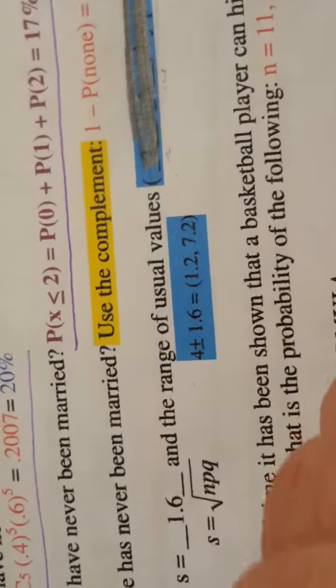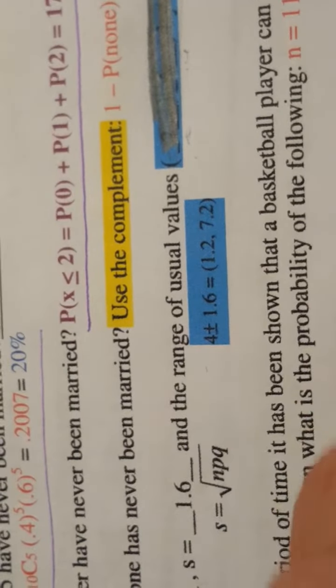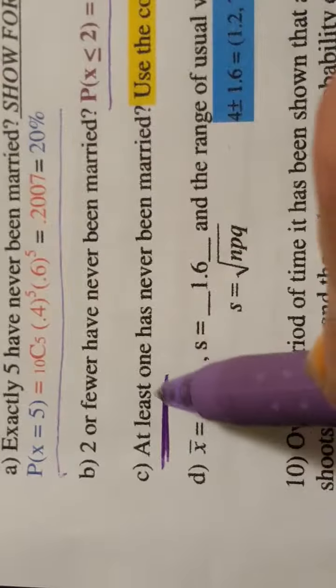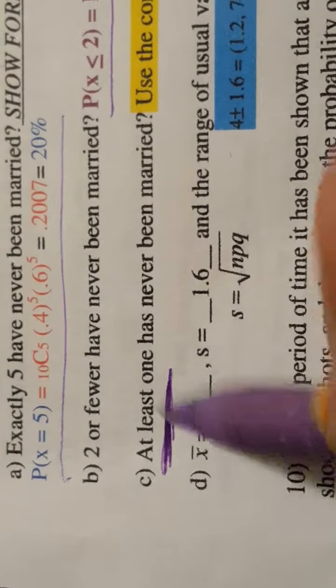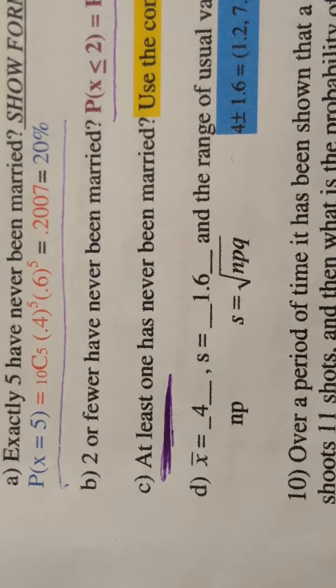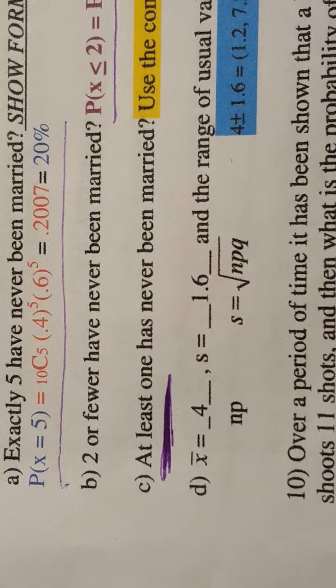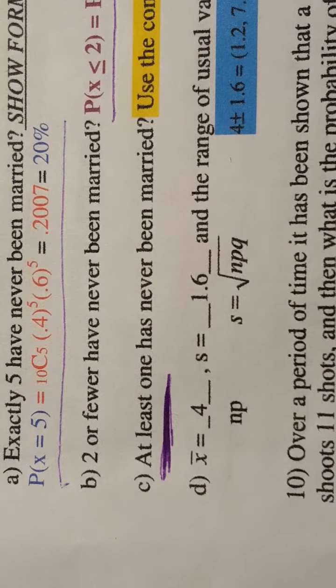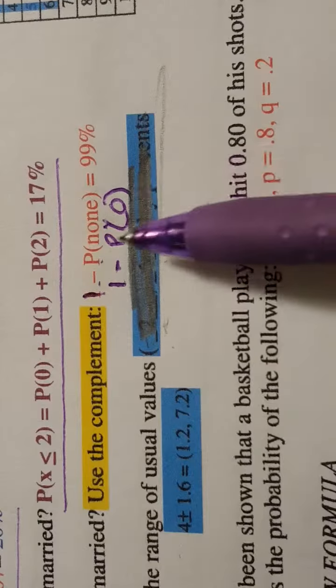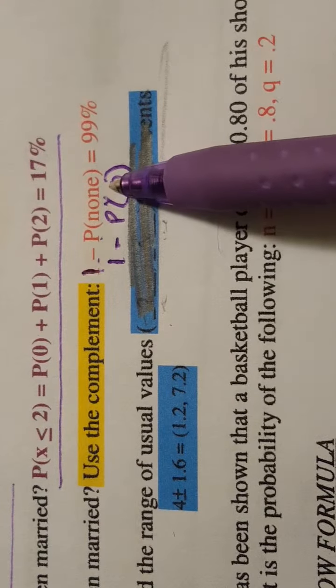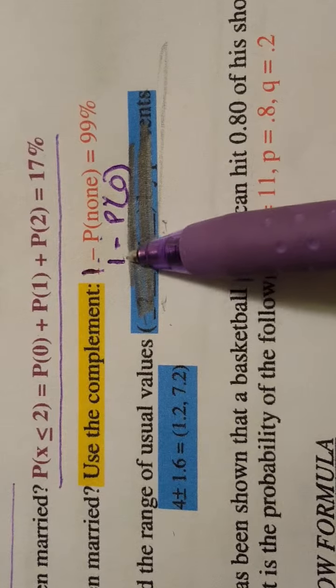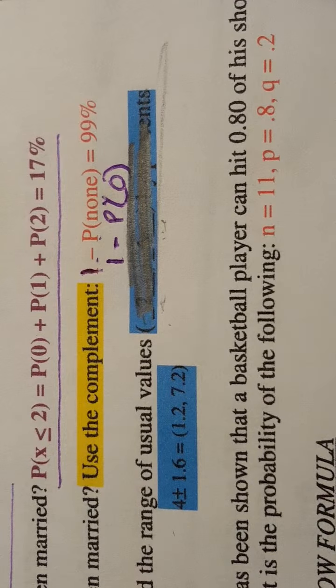Now, when it says at least, right here, at least, you always say 1 minus the probability of none. And that means 1 minus the probability of 0. There it is. 1 minus the probability of none really means 1 minus the probability of 0.